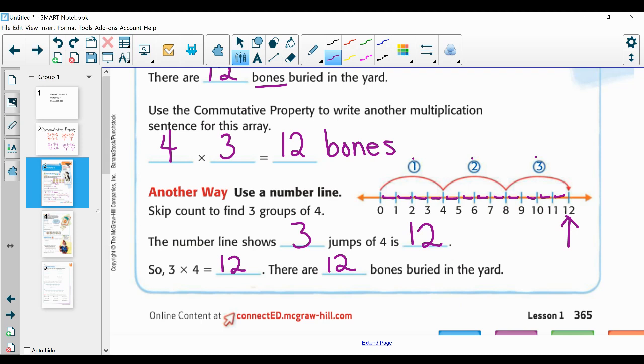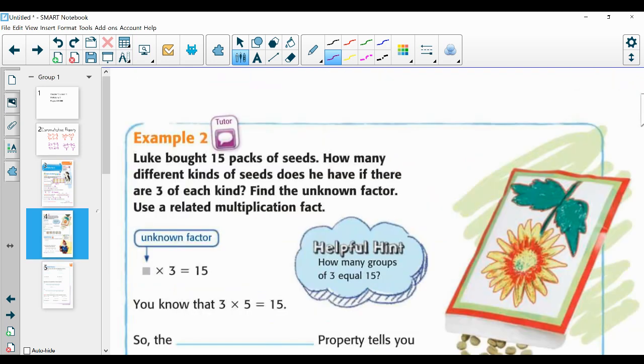Okay, let's go to the next page. So we have another word problem. We're going to read it without the numbers and without the question. Now this one's a little harder because some of your numbers are embedded in the question. So first of all, we have Luke bought some packs of seeds. Now my question begins with the words how many.